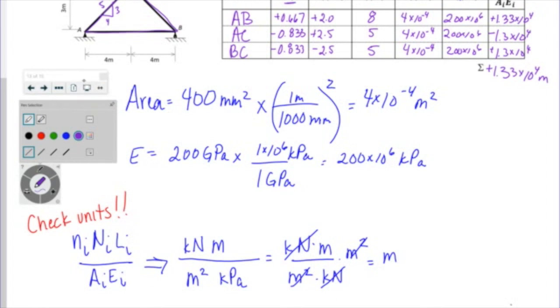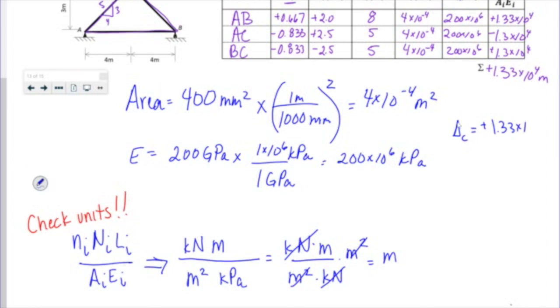So ultimately my answer, my deflection at C is 1.33 times 10 to the 4th meters, or multiply that by 1,000, 0.1133 millimeters.